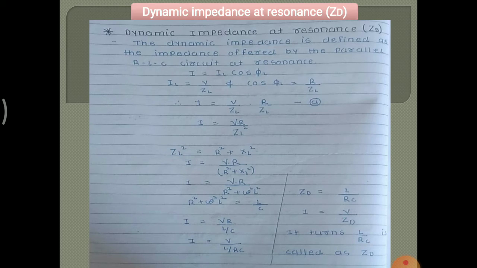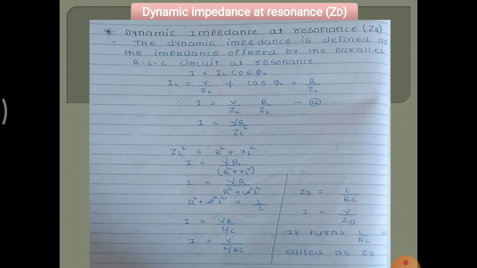Then above the resonance frequency, the circuit is capacitive and impedance decreases with frequency. Means at resonance frequency, impedance is maximum. Below resonance, impedance increases with increasing frequency, and above resonance, impedance decreases with increasing frequency.